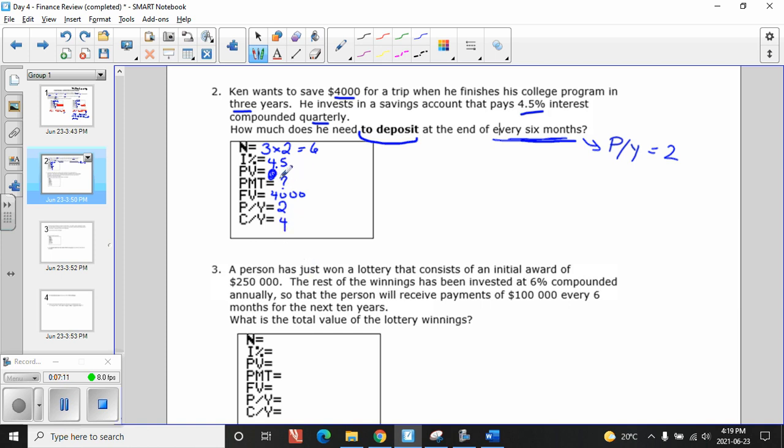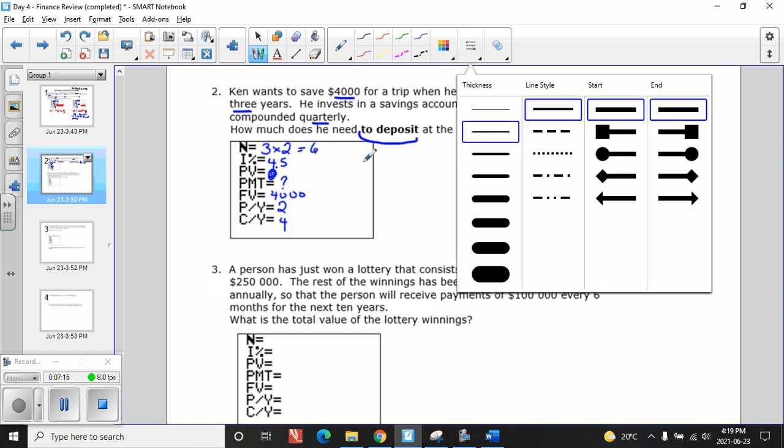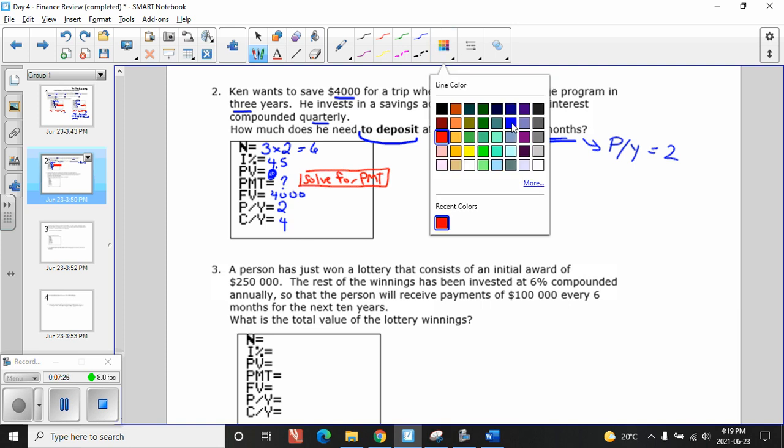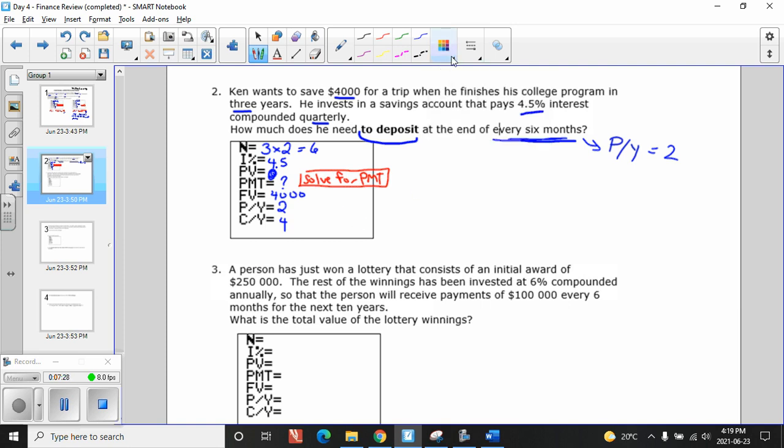This time the question mark is beside payment, so we're going to be using the solve for payment button instead. Solve for PMT. And the result that comes out of that one is, it says negative 629.94.